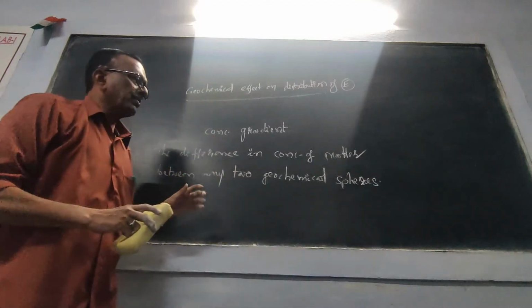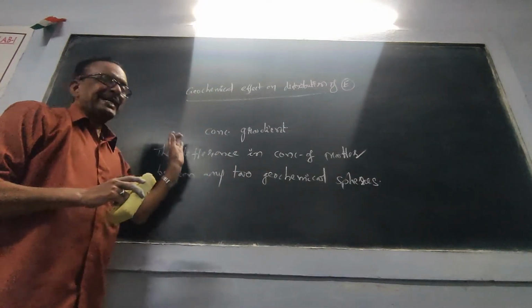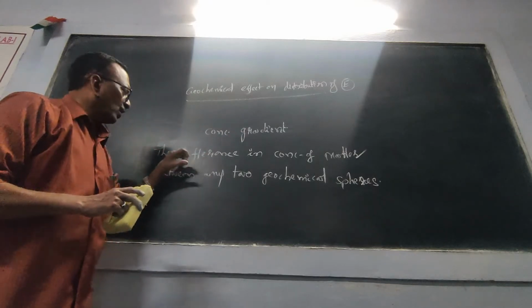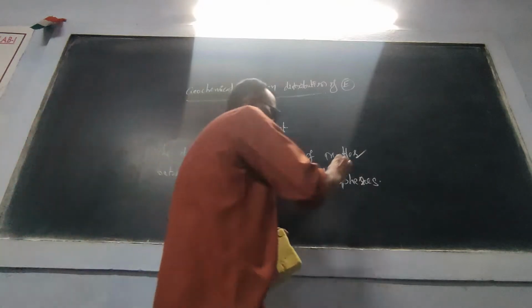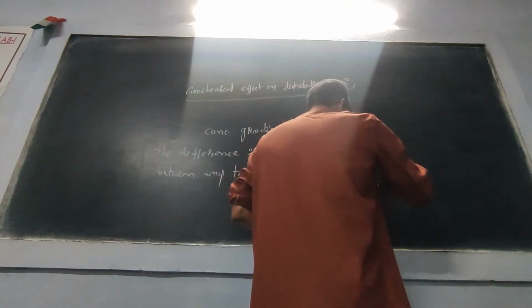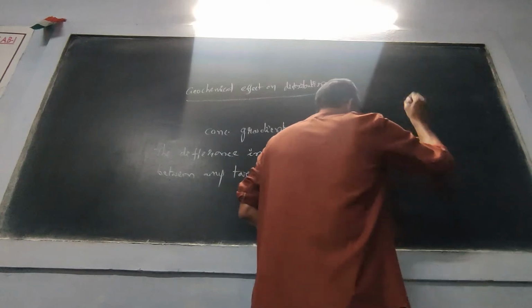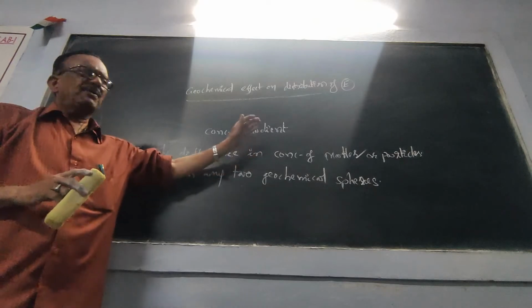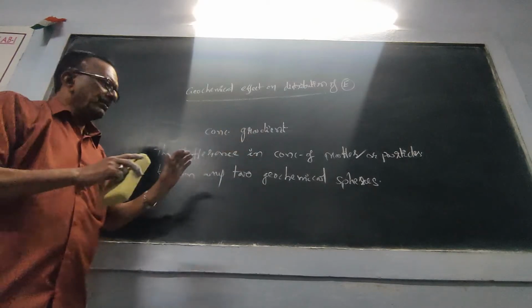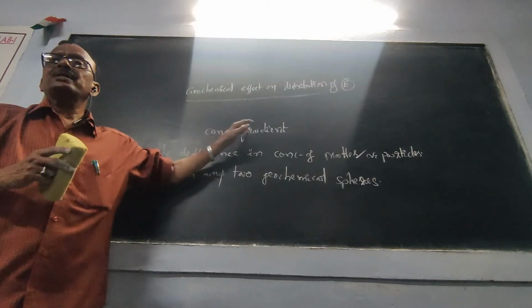Any two geochemical spheres with respect to time and space. So here the difference in concentration of matter, or we can say particles. So due to the difference in the concentration of particles or matter between any two regions, that is called a concentration gradient.